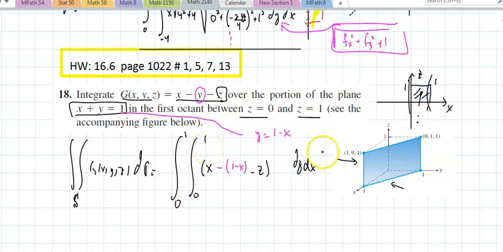But what's missing is one more piece, and what is that? That would be the square root of, if I'm solving for y, y sub x squared plus 1 plus 0 squared, right?